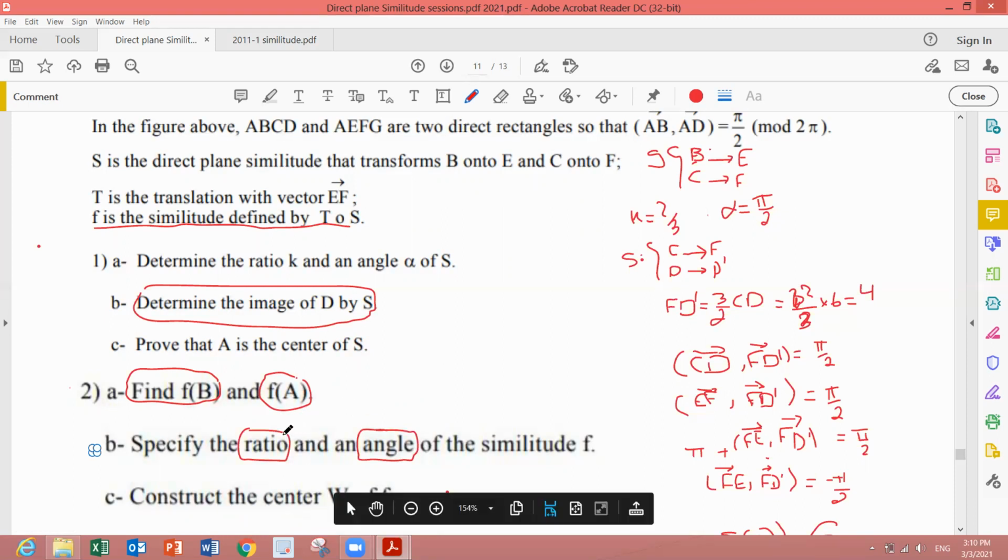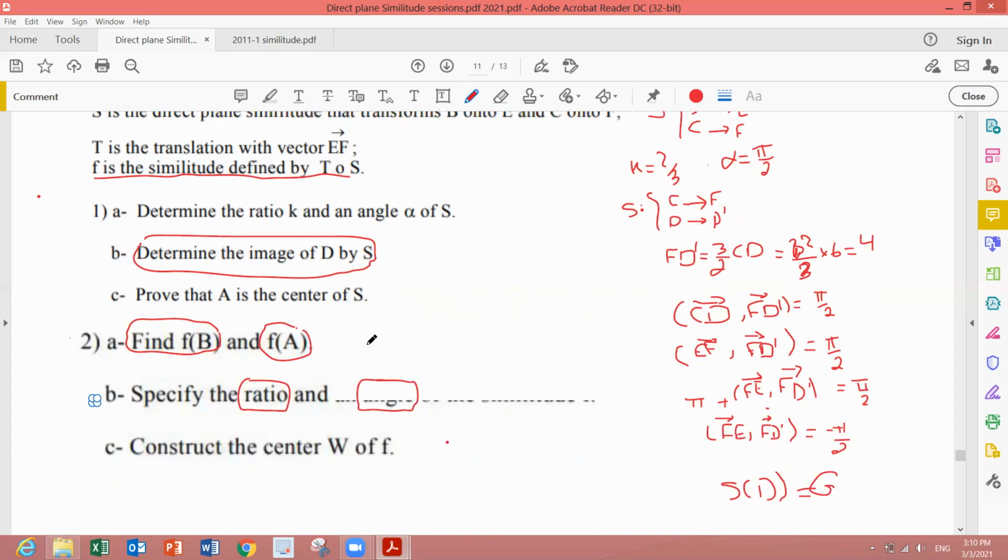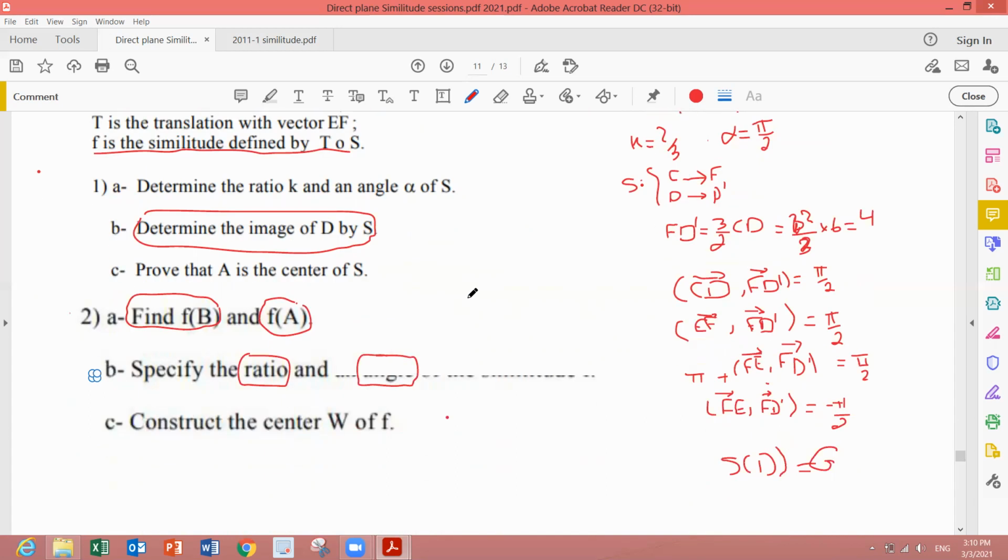It is the same as that of S because it is T round S. So the ratio is 2 over 3 and the angle is pi over 2.